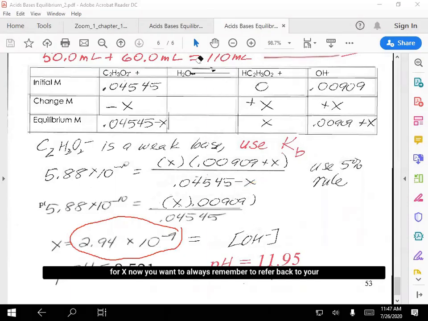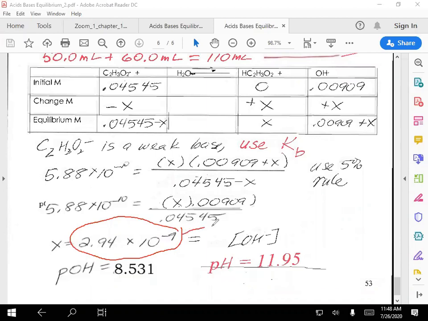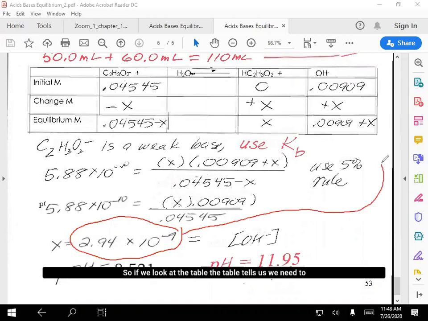Now you want to always remember to refer back to your table and see what you were supposed to do with that X. So if we look at the table, it tells us we need to add X to 0.00909. We'll look at the X. It's 2.94 times 10 to the minus 9.